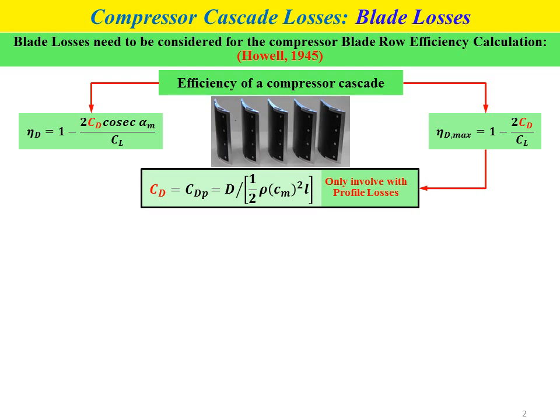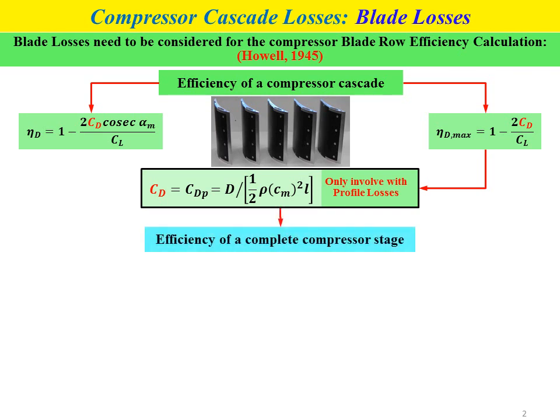And this CDP equation only considers blade profile losses. As we know, we have 4 types of blade losses. First, blade profile losses. Second, annulus losses. The third one is secondary losses, and the final one is the fluid leakage losses. But the CDP formula only considers the blade profile losses.